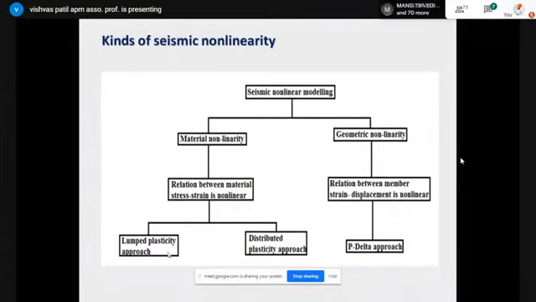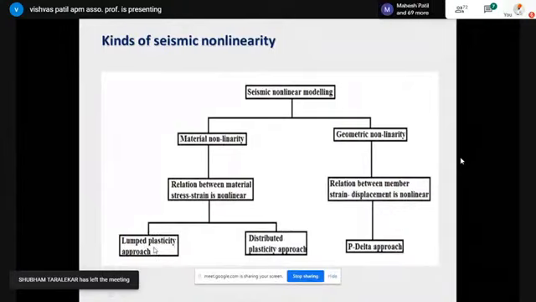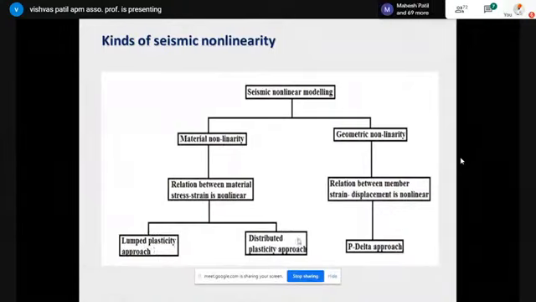Both are possible. The lumped plasticity approach can be used, and the distributed approach as well. But in the case of the shear wall, the distributed approach is most appropriate, because the non-linearity is applied to the complete area of that particular shear wall. So this is about the material non-linearity.